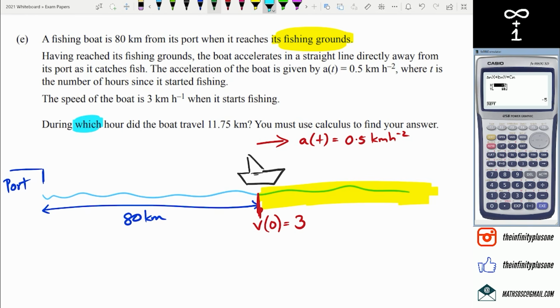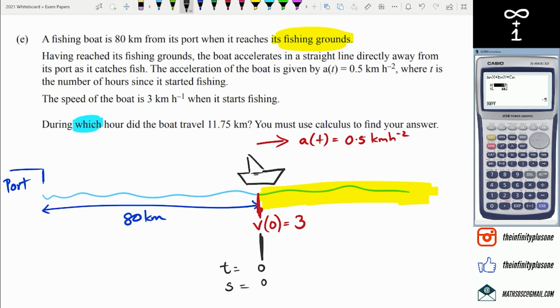So think about it like this, all right? I'm running out of colored pens, but that's fine. This line right here is when I'm going to put t equal to 0. We know that the velocity is 3, and we're not looking at the distance from the port.